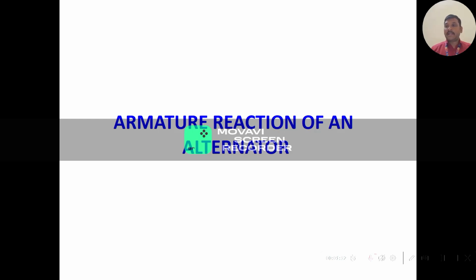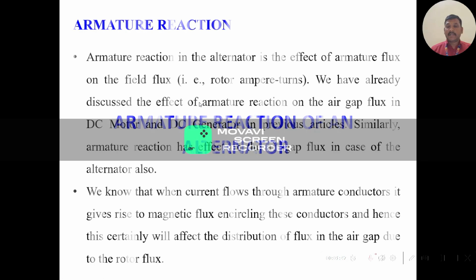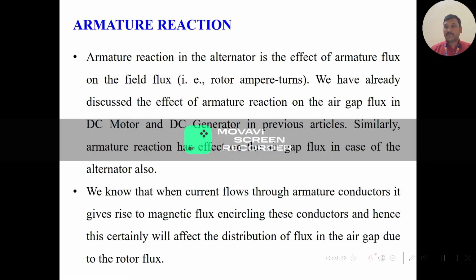And when you are connecting the inductive load across the alternator terminals, that inductive load will withdraw a lagging current from the alternator that leads to some phase angle difference between the generated EMF and the current drawn by the load. So that creates considerable effect on the system. Similarly, that effect is produced by the capacitive load also.